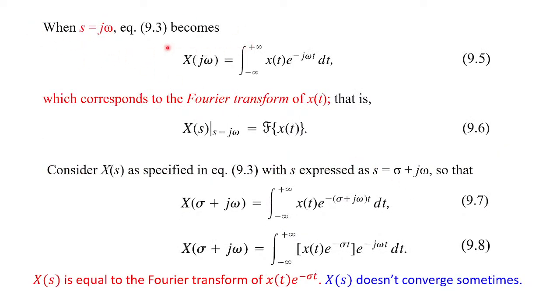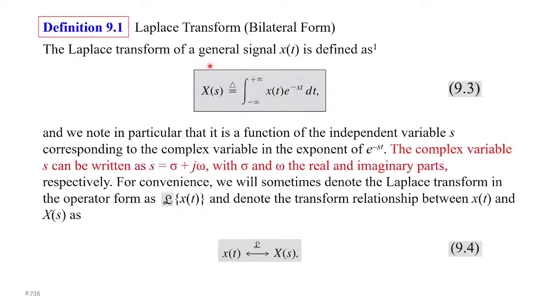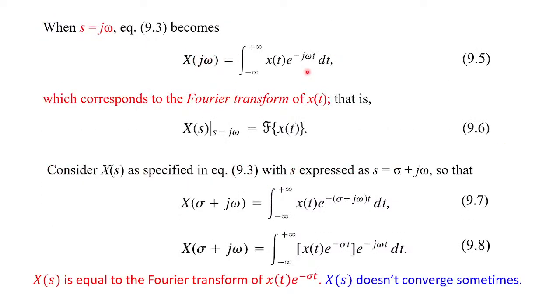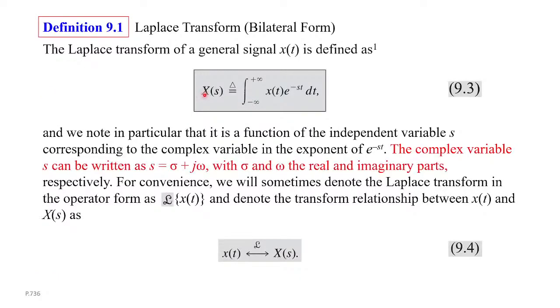Just as we say, s equals j omega, then you put everything in terms of omega, and then you find out that this becomes e to the minus j omega t, and this is exactly the analysis equation of Fourier transform. And then you figure out why I always write the Fourier transform with this big weird j omega here, because we are actually thinking about the Laplace transform at purely imaginary s.